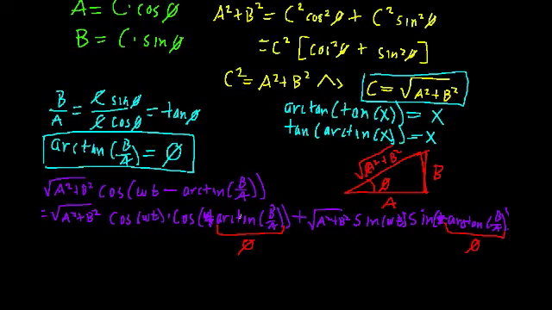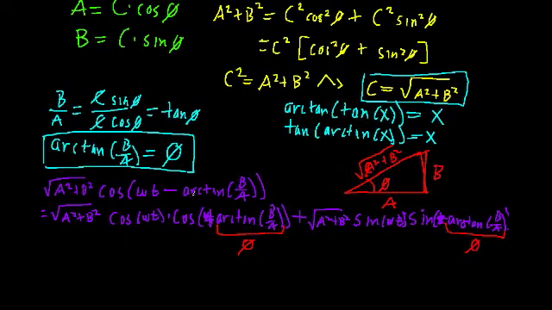Now, if we think of this arctan term as an angle phi, and we know its opposite side, adjacent side, and hypotenuse, now we can easily figure out what the cosine of this arctan term is. It is just the cosine of this angle, which is, SOHCAHTOA, adjacent divided by hypotenuse.